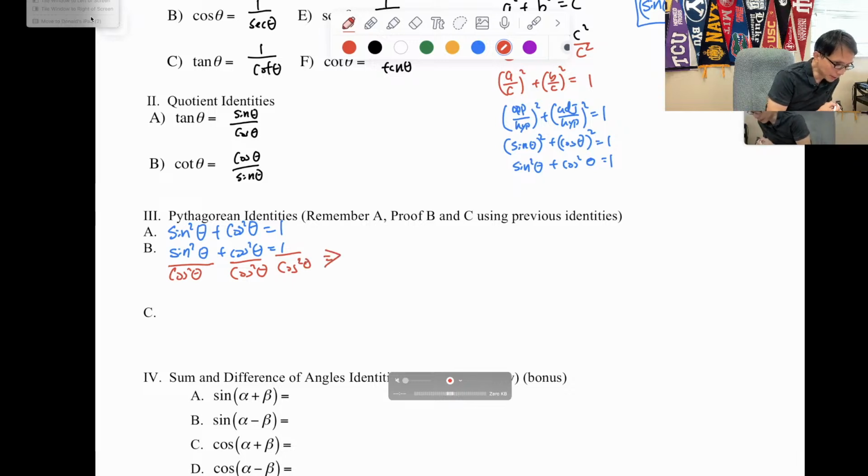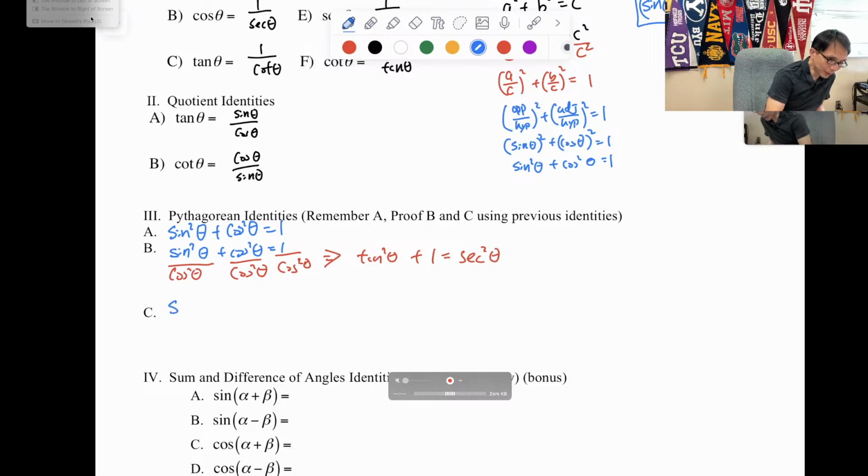So the next one is, what is sine over cosine again? Tangent squared theta plus 1 equal to secant squared theta. Is that okay? Now you realize I write down theta there. I do write down theta because theta is an argument.